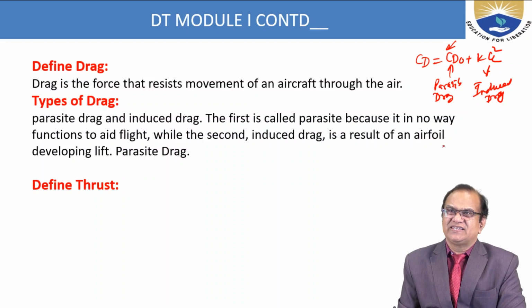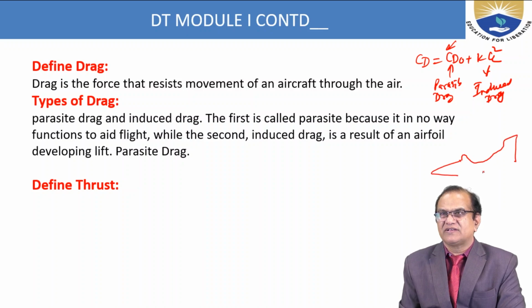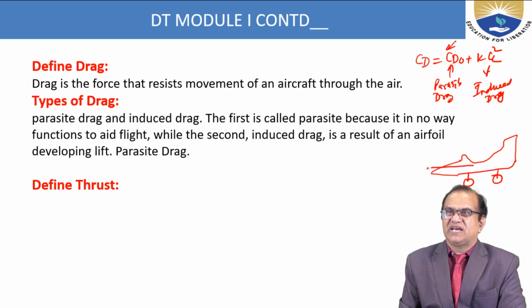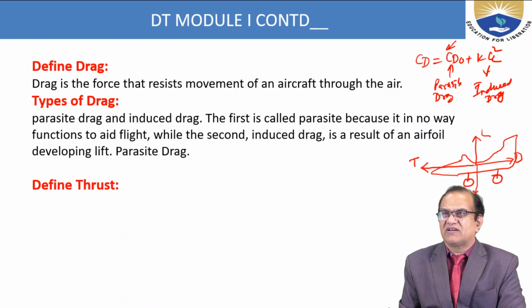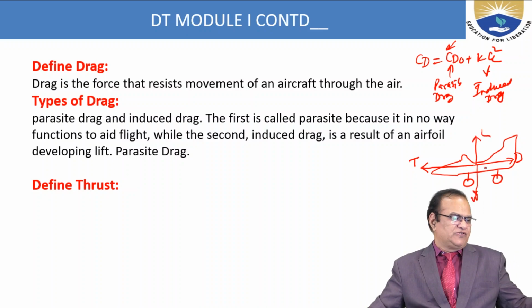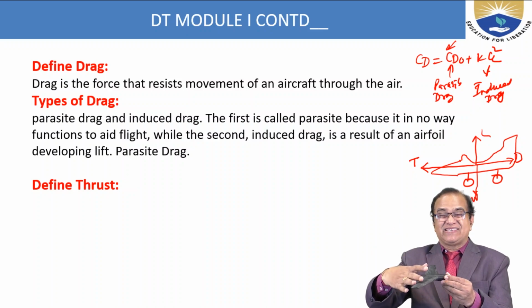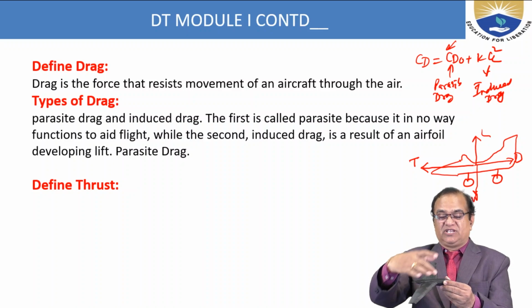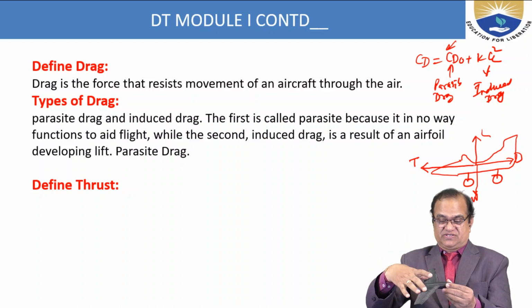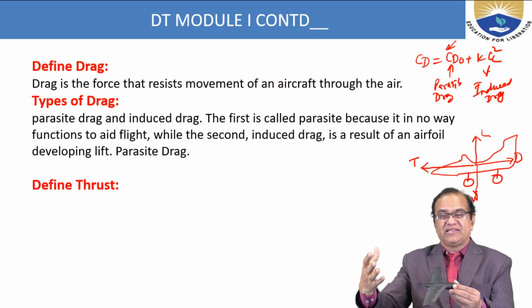Thrust will counter the drag, and lift will counter the weight. In this wing, parasitic drag happens due to friction, due to the size, and due to the interference of the wing, fuselage and other components.